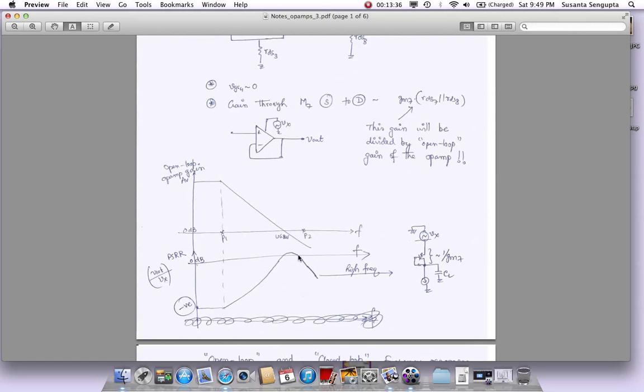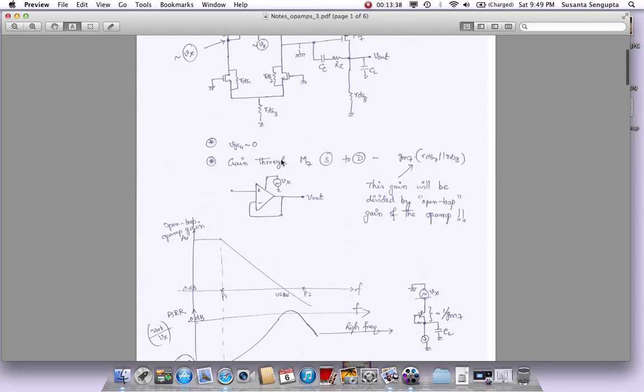This is a region where intuitively I can't explain exactly where it turns around and where it starts to go down again. This part is more explained by a more detailed small signal analysis, which is what Dr. Allen's book has. So I would encourage you to look at it if possible, or maybe some other textbooks, or even derive it yourself.